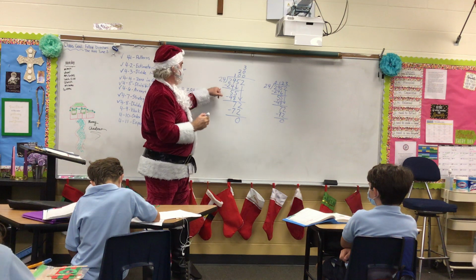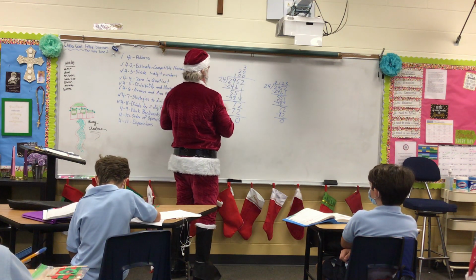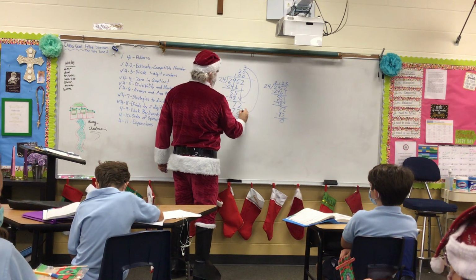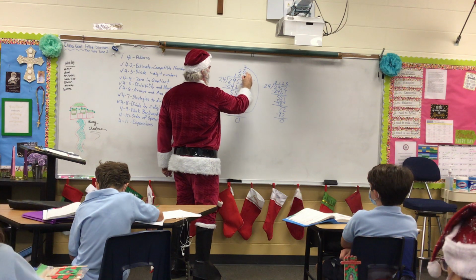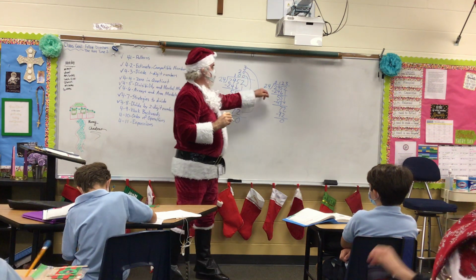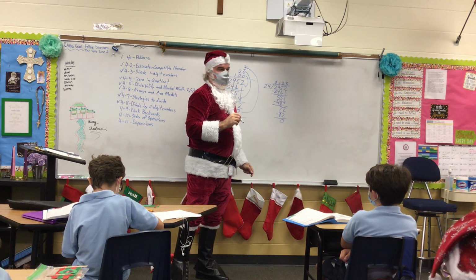Okay? This one, you stack it up, and that shows you that this is there, and this is down here, and this is right here. Over here, you just go straight through. Okay?